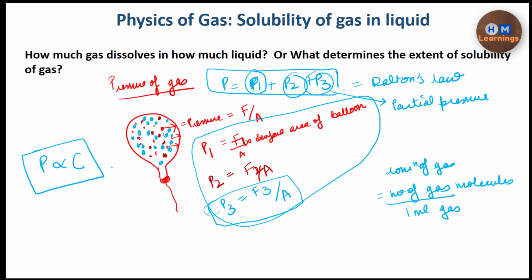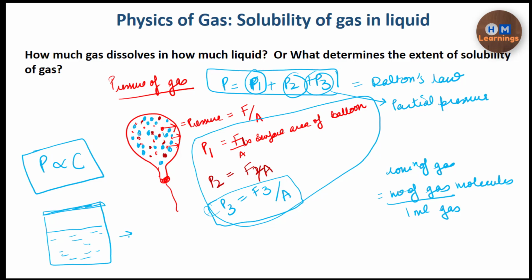Now the question comes: we have discussed all these things, but still we don't have the answer. What determines the extent of solubility of a gas? For this, we are taking a beaker and we have water in it, and there is no exposure to air right now.